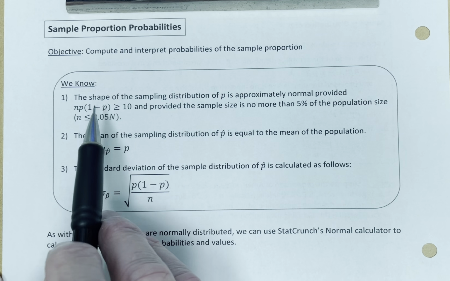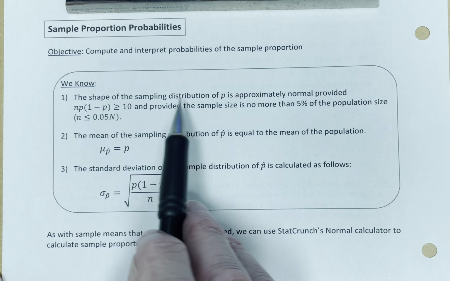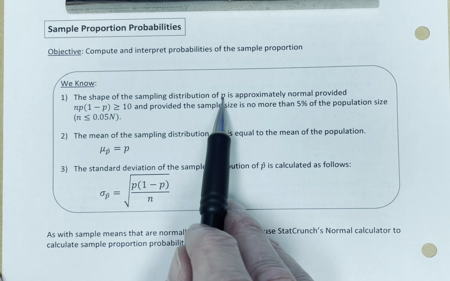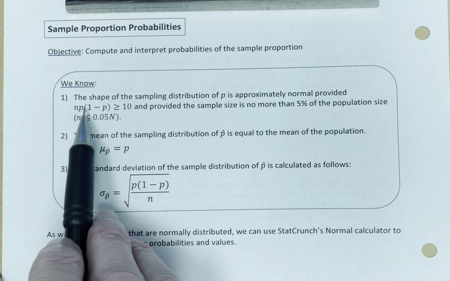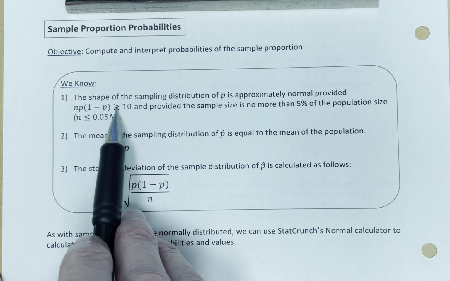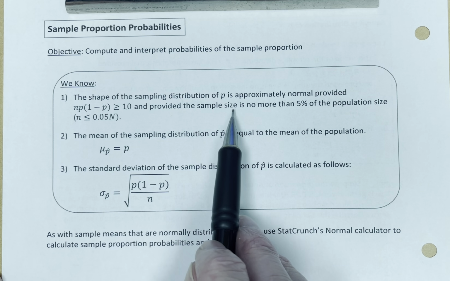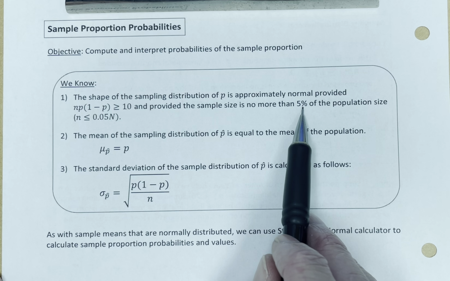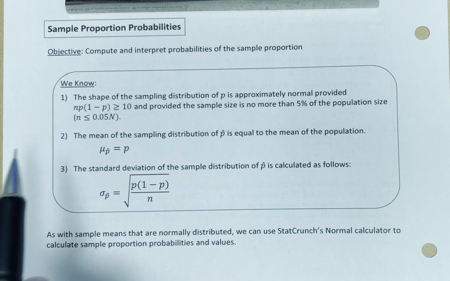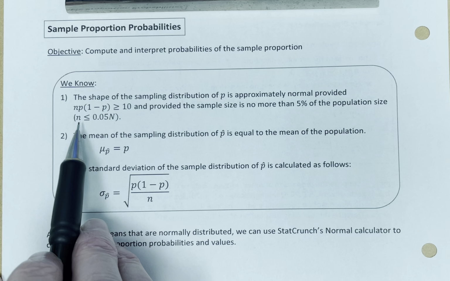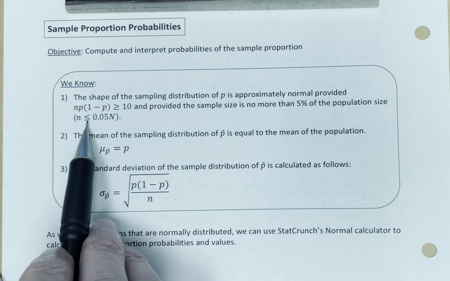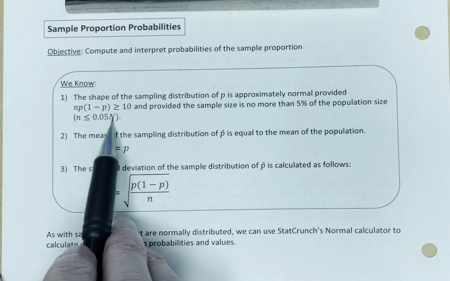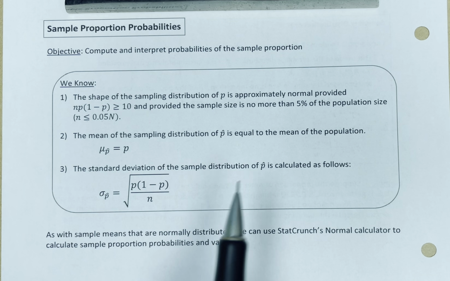We want to remember that the shape of the sampling distribution of p hat is approximately normal, provided n times p times 1 minus p is greater than or equal to 10, and provided the sample size is no more than 5% of the population size, which in mathematics means the sample size, lowercase n, is less than or equal to 5% times uppercase N, the population size.